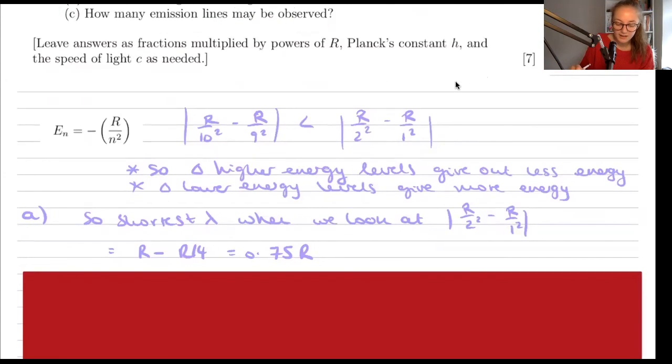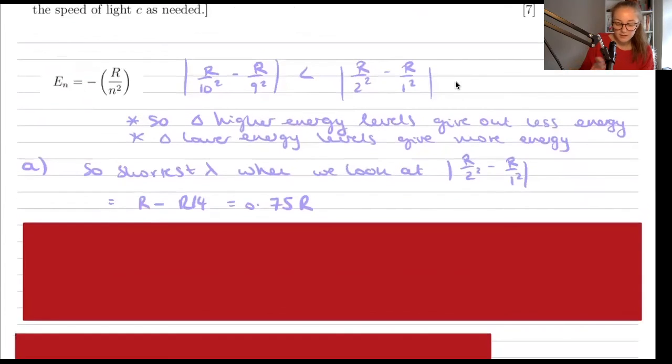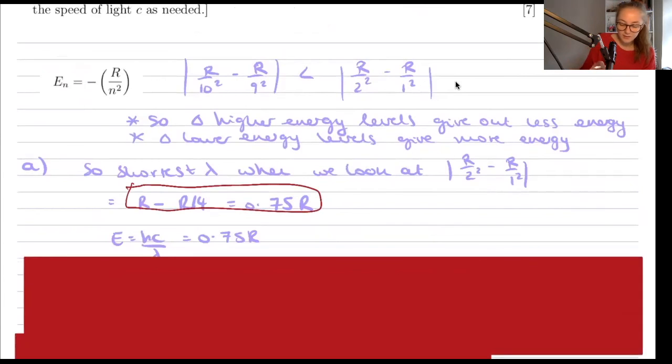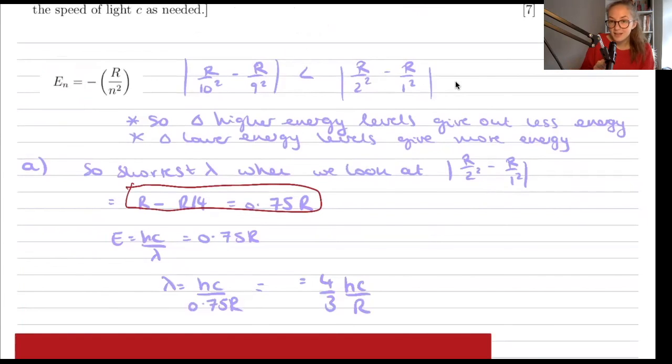So the energy at n is 2 would be r over 4, and the energy level at n is 1 would be r over 1. So we can work out the difference between these to be 0.75 r. And then if we equate that energy released to the photon energy, then we can rearrange this to get an expression for lambda. And they've asked us to just leave it in terms of the constants.